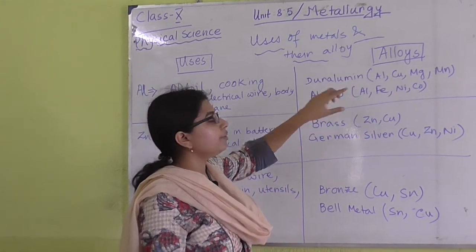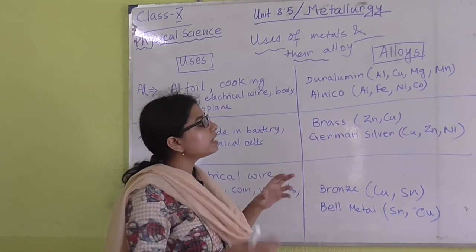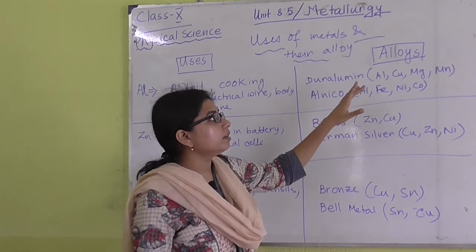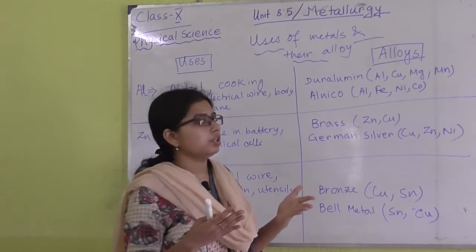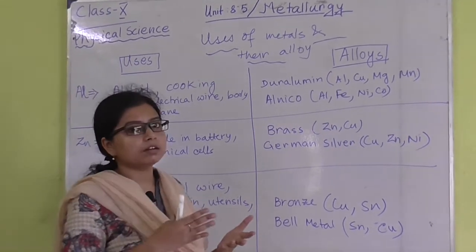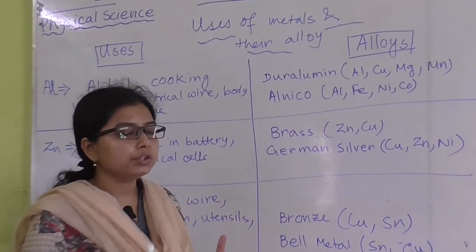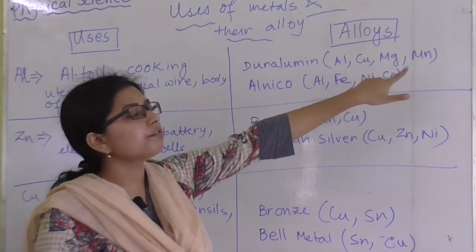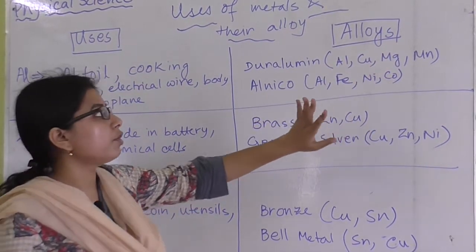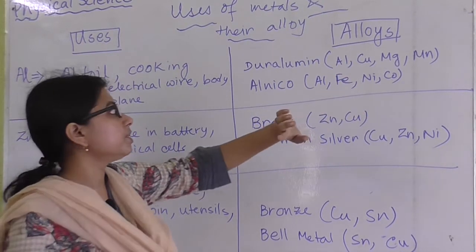Actually we need the composition, that means which components are present in the alloy and what is their percentage. But the percentage is not important for class 10 level. So for you, the presence of other metals, their names or their symbols is important, not the percentage level.